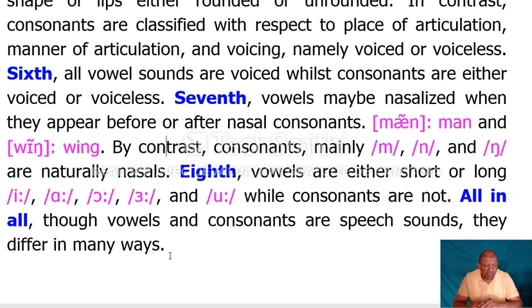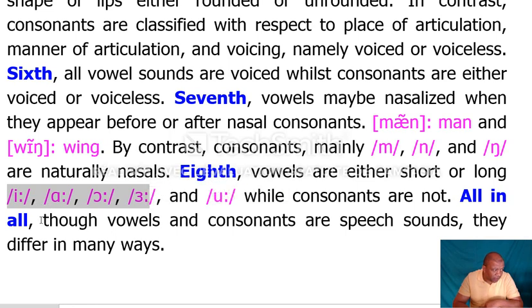8th, vowels can be either short or long. Short, we don't use a diacritic. And what is a diacritic? This diacritic related to length is the colon that we use after these sounds.